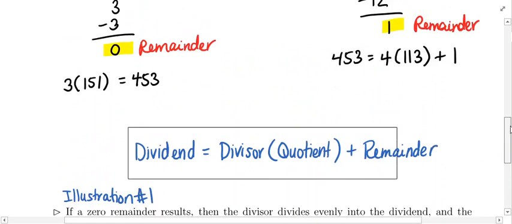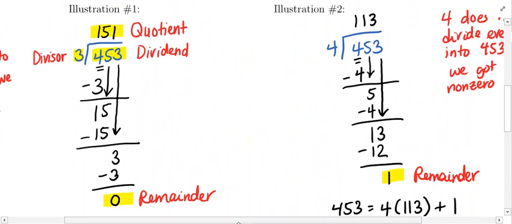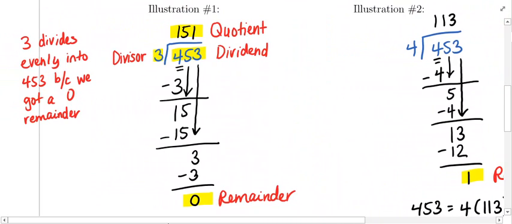Okay, so let's go back up and look at example or illustration 1. We divided 3 into 453. We got a 0 remainder, so that means 3 divided evenly into 453. And so another way we can think of that is that 3 is a factor of 453.